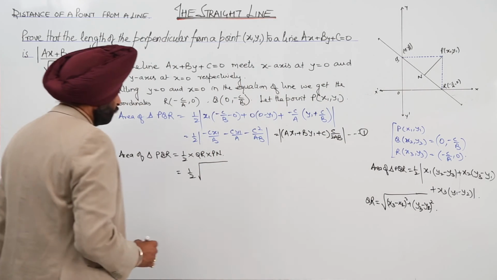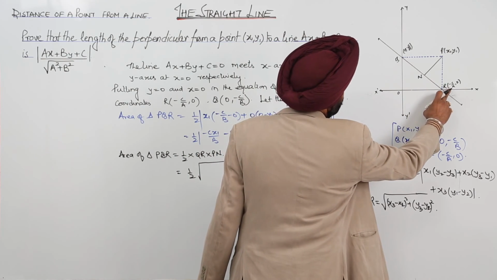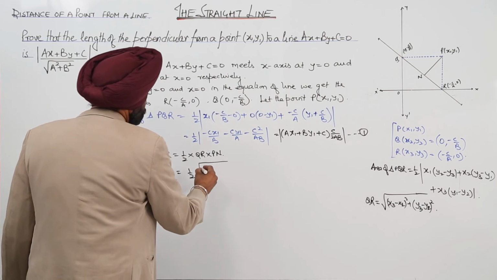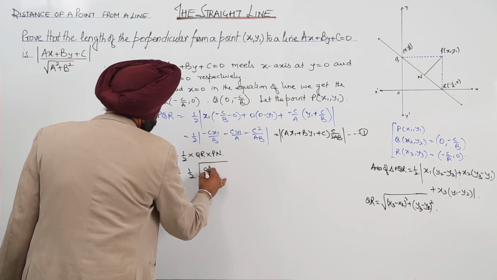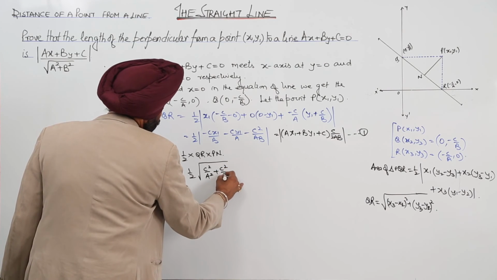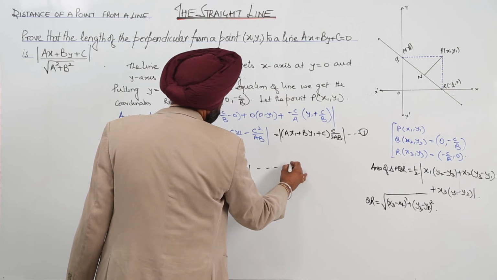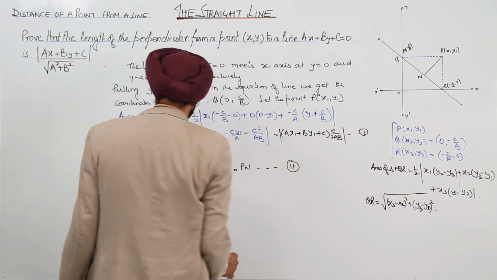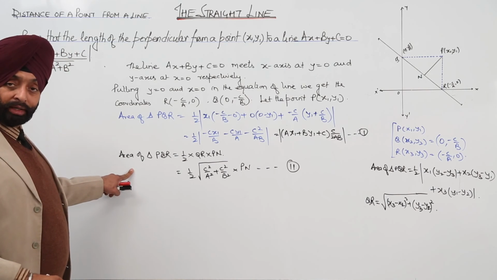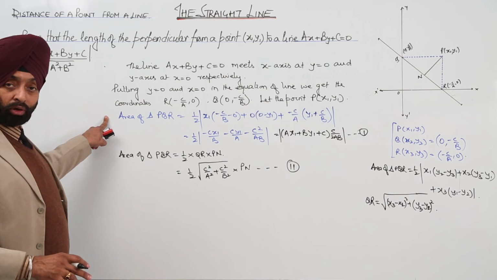Okay, so now minus c by a, 0 minus 0 whole square, so this becomes c square upon a square plus c square upon b square, times PN, call it 2. Now both are the area of the triangle. Here we have used the formula directly to find the area of a triangle when the perpendicular is there. Here we have used coordinate geometry.